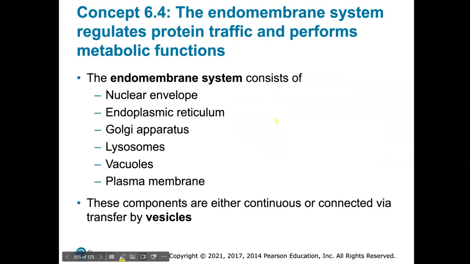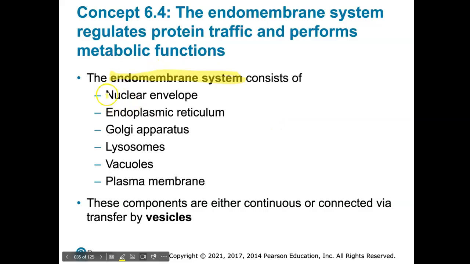Okay, so now we're going to talk about the endomembrane system. You may have learned in elementary or middle school or even high school that the endomembrane system of a cell is the part of the cell that works like a factory. So that's what we're going to talk about next.